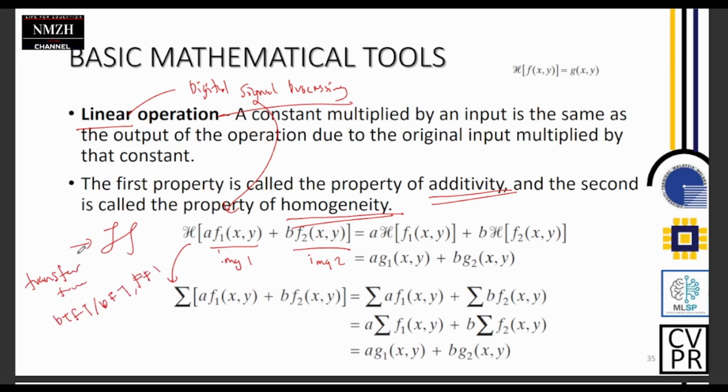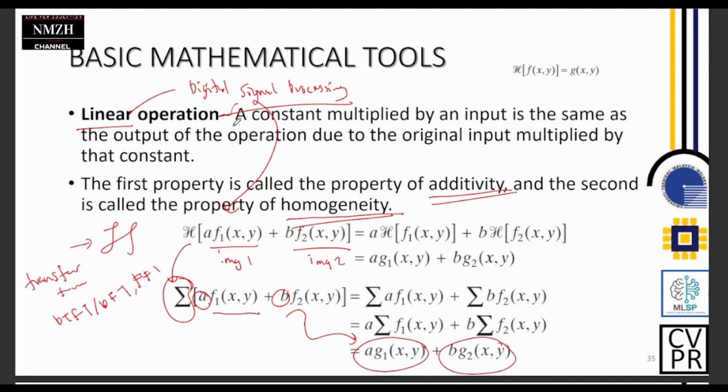But in image processing, we translate them into the sum. Sum means element-wise sum. So having the sum for the whole image multiplied by the coefficient is reflected in the output image at the same time. So that would be linear, guys.